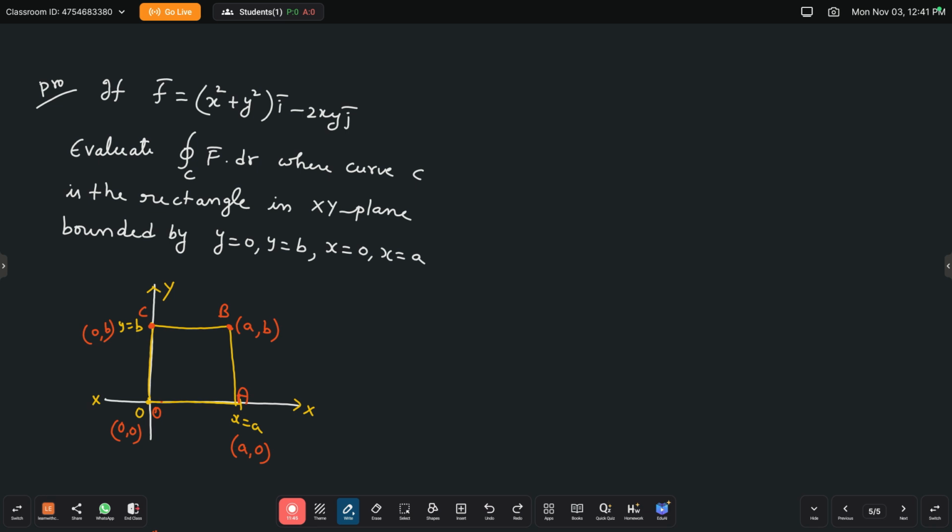Now here circulation means OABC becomes a closed curve. Now you have to evaluate the line integral through all these directions, which is called the circulation of this curve. So you can find integration along only one direction, either the OA direction or the OC direction. You have to follow only one direction.